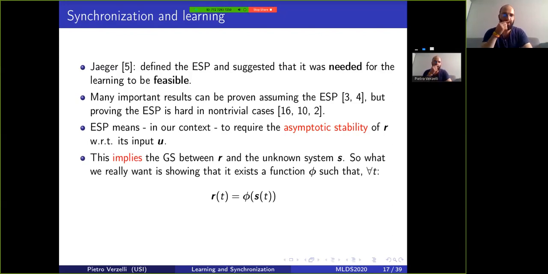So when looking for the echo-state property, what we are really looking for is this function phi. Sorry, I pronounce it in the Greek way. Phi, which will map the true, unknown state of the system into our reservoir, and this function exists and is well posed when the generalized synchronization holds.